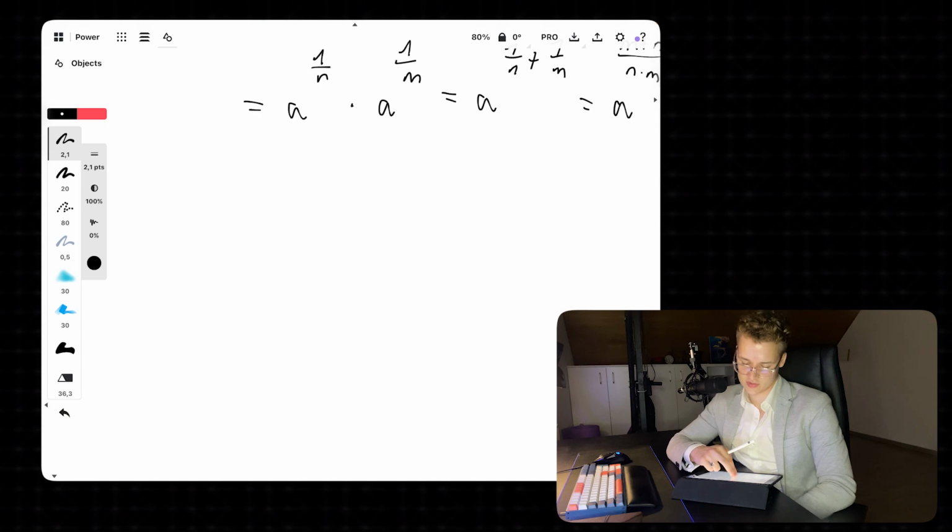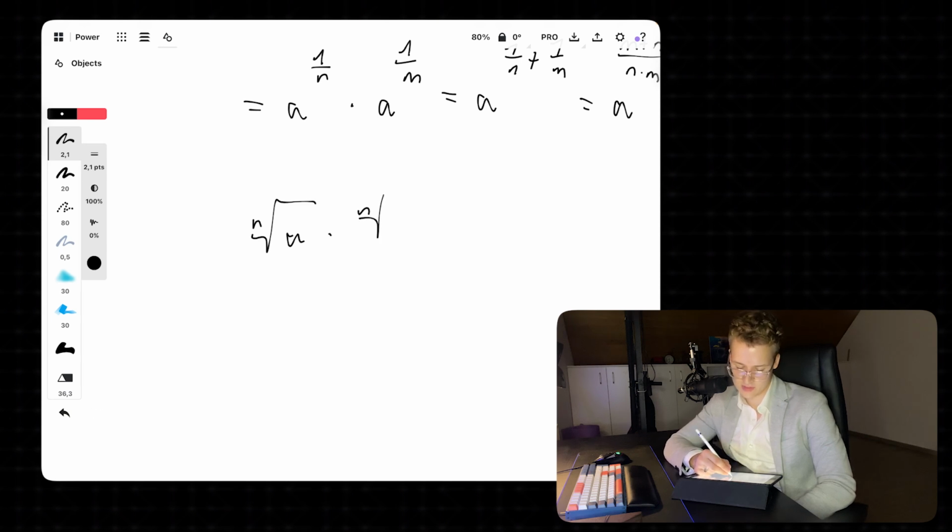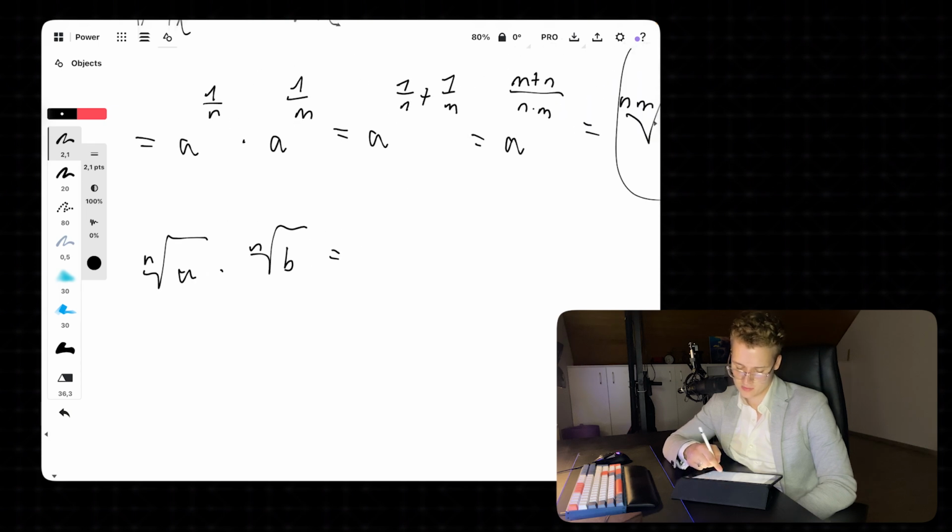Then we can also take the nth root of a times the nth root of b. Well, we just rewrite it again as a fraction: a to the power of 1 divided by n times b to the power of 1 divided by n.